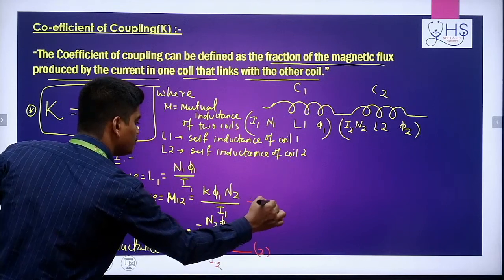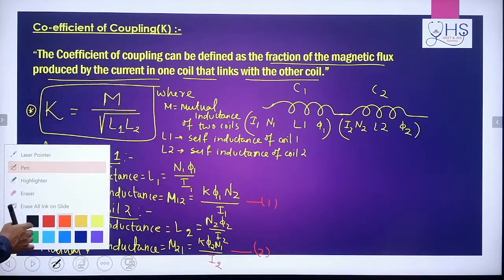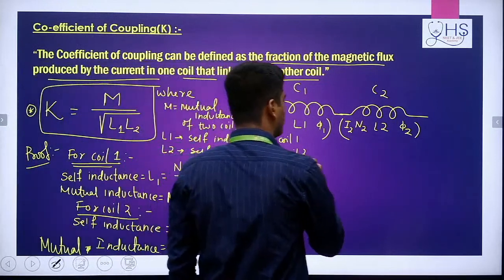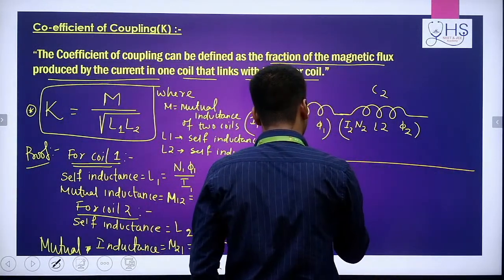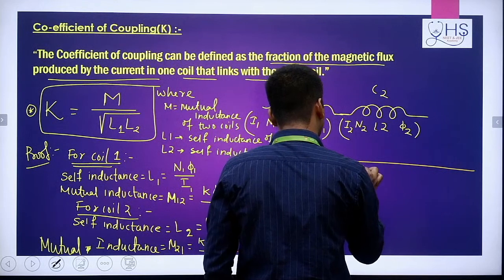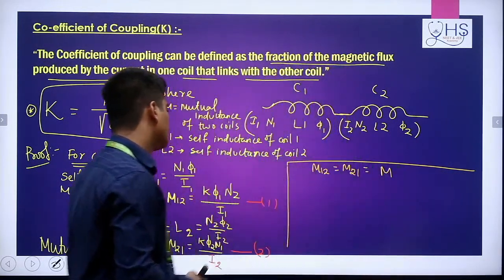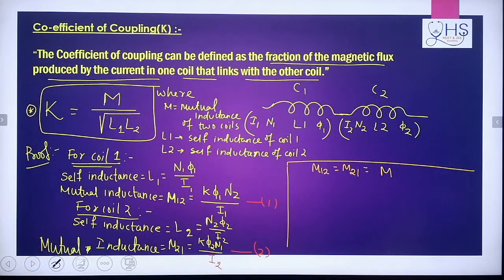And we know that M12 equals M21, that is equal to M. Both are the same, already calculated before.